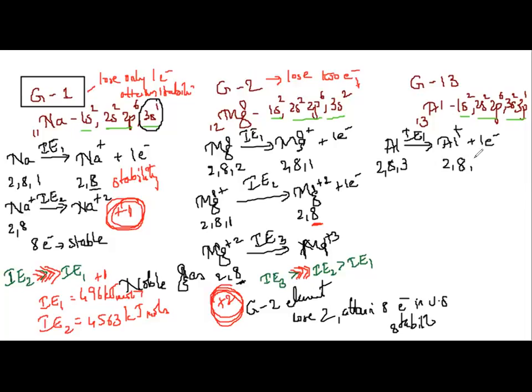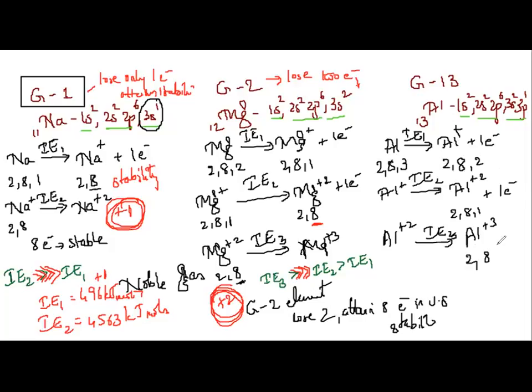Its configuration comes to 2, 8, 2. Al plus unipositive ion, apply the second ionization energy, it will form Al plus 2 with the loss of 1 electron, whose configuration will be 2, 8, 1. Al plus 2, apply the third ionization energy, it will form the Al plus 3 ion with configuration 2, 8 by loss of 1 electron.